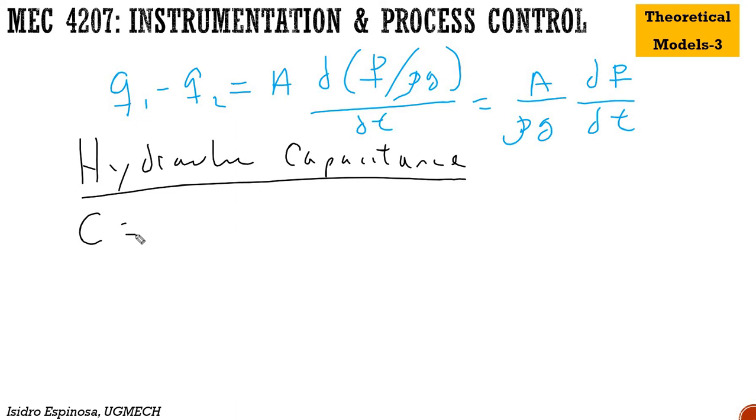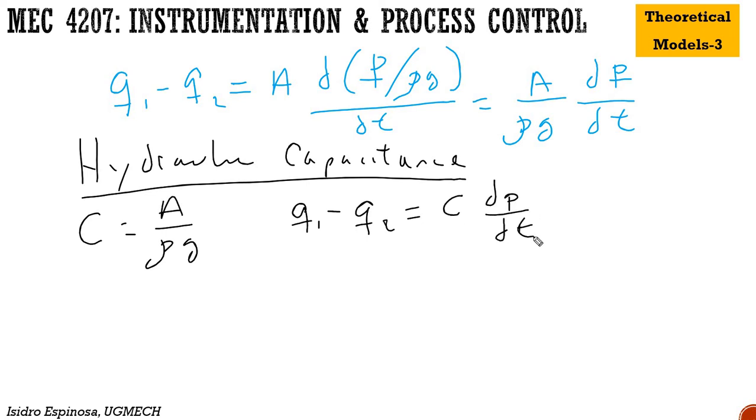This is equal to the area over rho g. By saying that the difference of the volumetric rate is equal to C dP/dt.